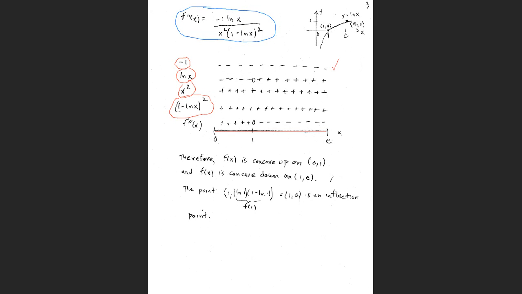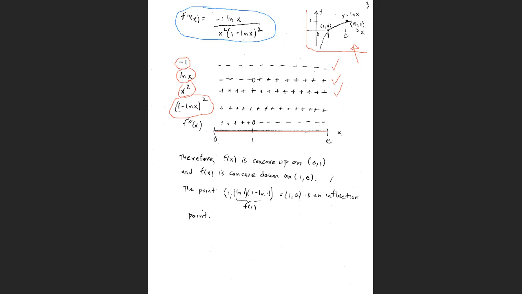-1 is always negative. Log of x, and I drew a little graph up here to the top right. Log of x is going to be positive when x is greater than 1 and negative when x is less than 1. Okay, so that's based on the graph of the log function.